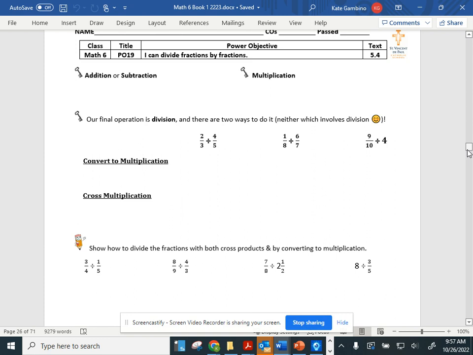So let's look at what we do for dividing fractions. With addition or subtraction, we know that we had to have common denominators, and the denominator stayed the same. So when you added or subtracted, the denominators stay the same.